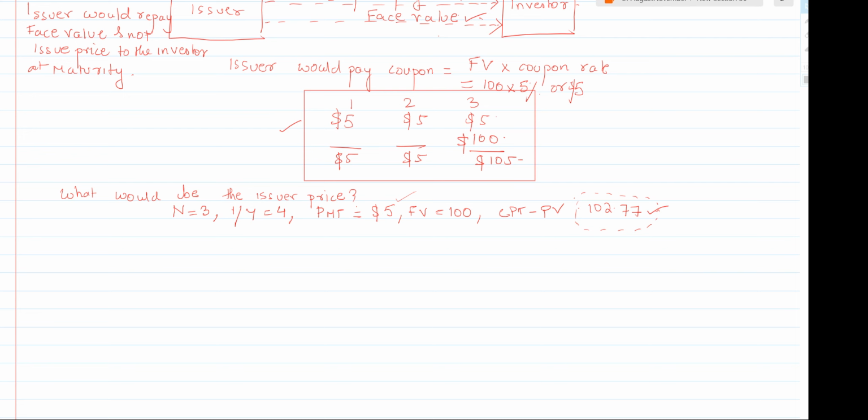And we can see that this bond is being issued at a premium of 102.77 minus 100, or $2.77, right? So it is being issued at a premium of $2.77 to face value, guys. Face value is sometimes also known as par value. Par value, face value are the same thing. So par value is basically a synonym for face value. Right?